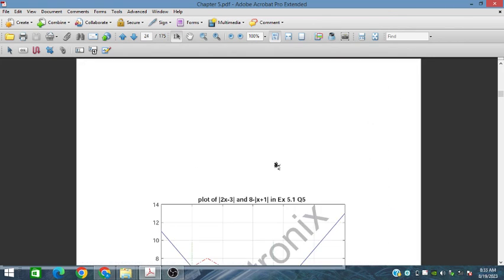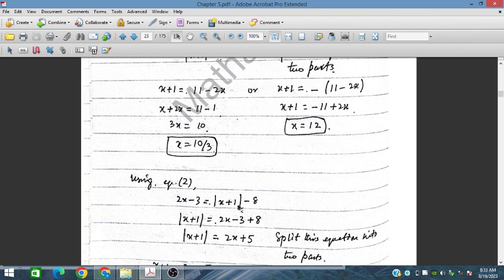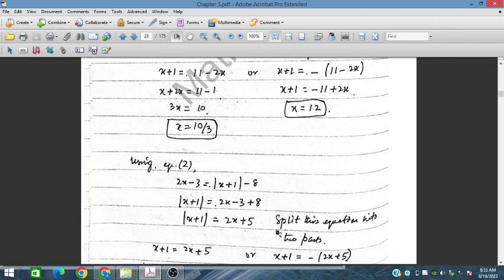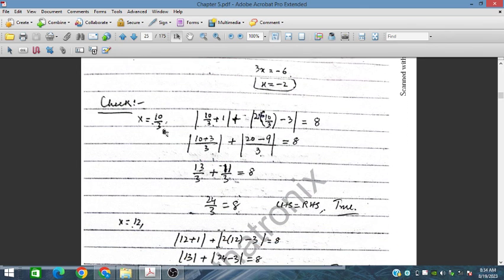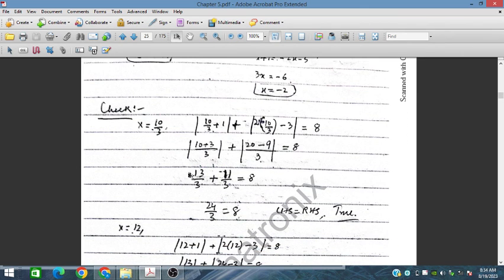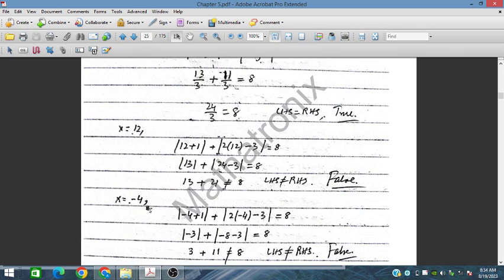From equation 2 we have this, and we rearranged and formed this shape and then split again, and from this split we have this. We have obtained this solution, and with that we have 4 solutions, and we placed them and checked minus 4.